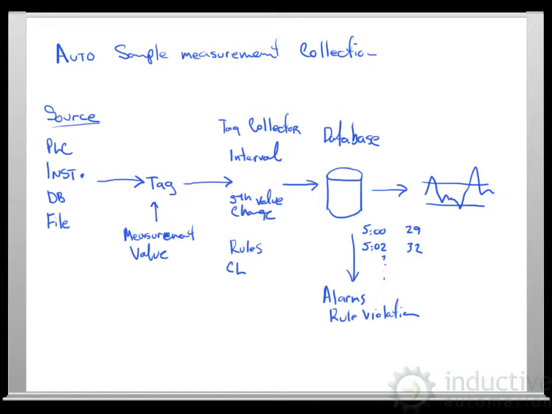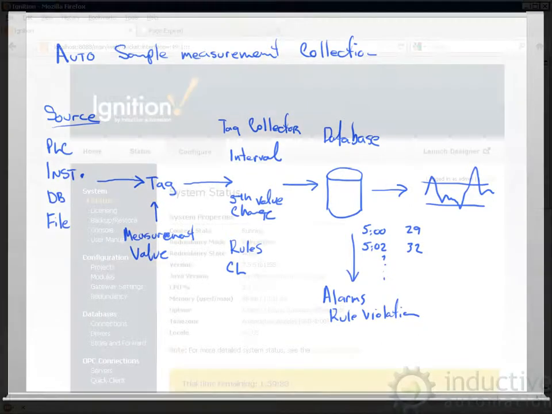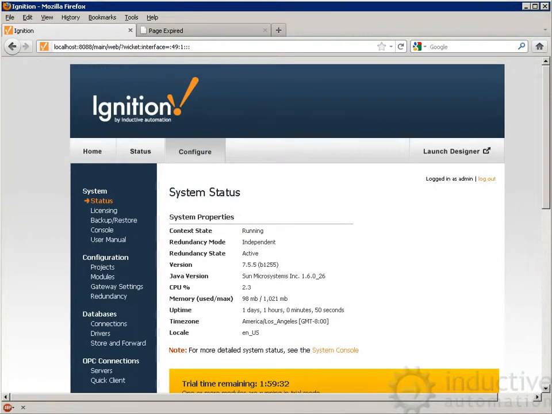Now we're going to take a look at setting up the configuration to tell it to take the samples, and then we'll continue on into viewing it in control charts. The first thing is I wanted to make sure that the trial is reset because we won't do automatic sample collection unless the trial is reset.